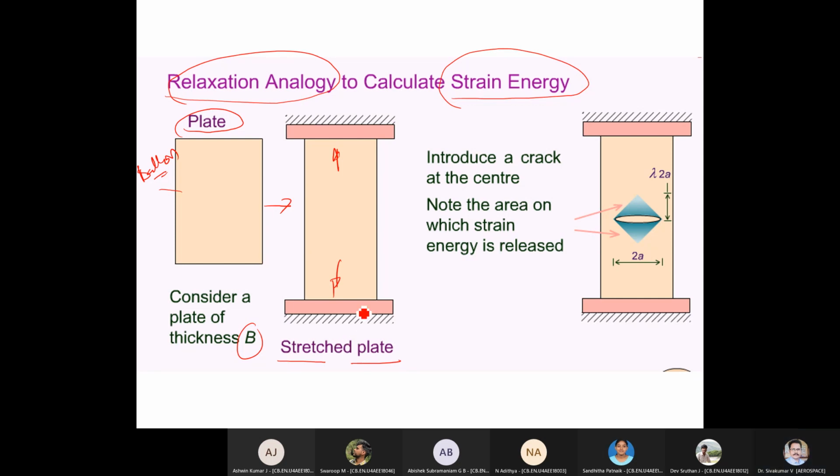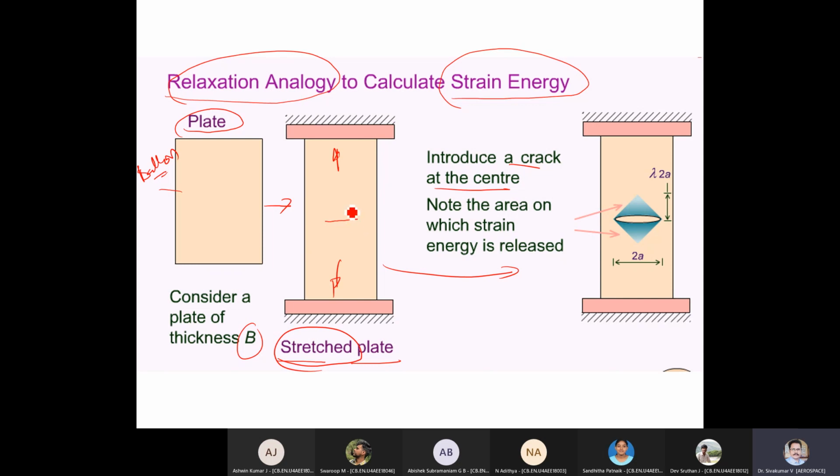Now, after stretching, you are introducing a crack at the center. So what will happen? You are actually taking a blade or something like that and you make a cut.